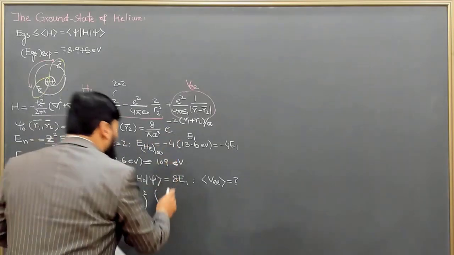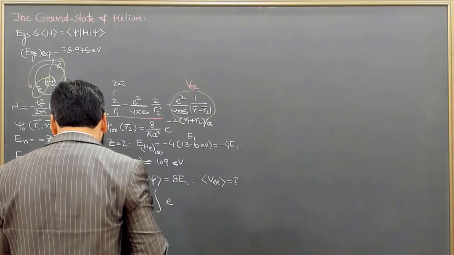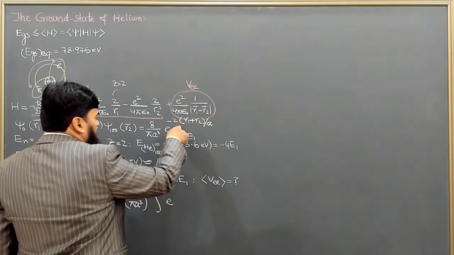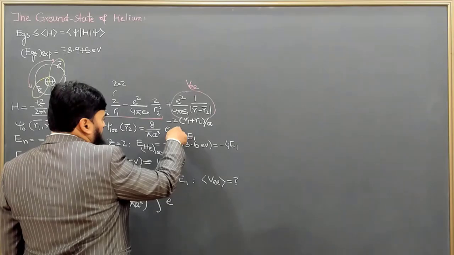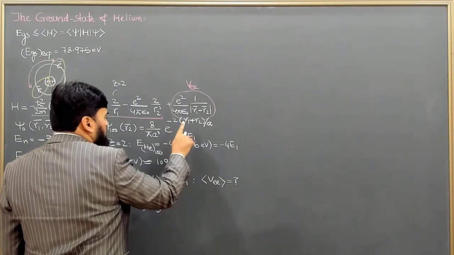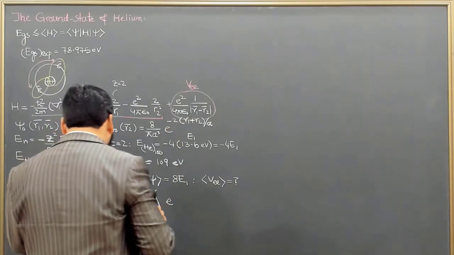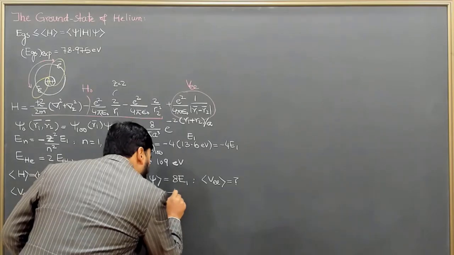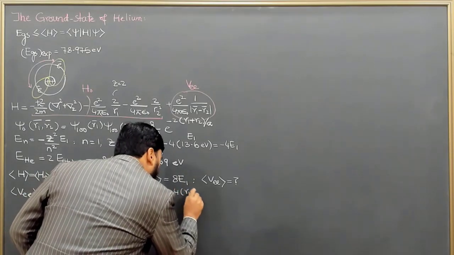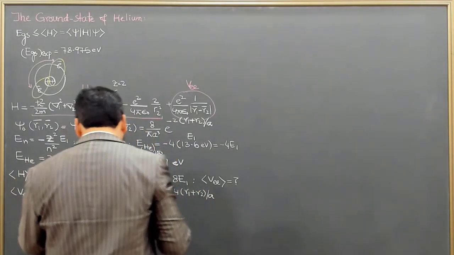Inside the integral, the next part will be the exponential part. So here e to the power minus 2, and this one has no iota involved, so it will be a simple square. When I square this, minus 2 will become minus 4, so e to the power minus 4 (r1 plus r2) over a.